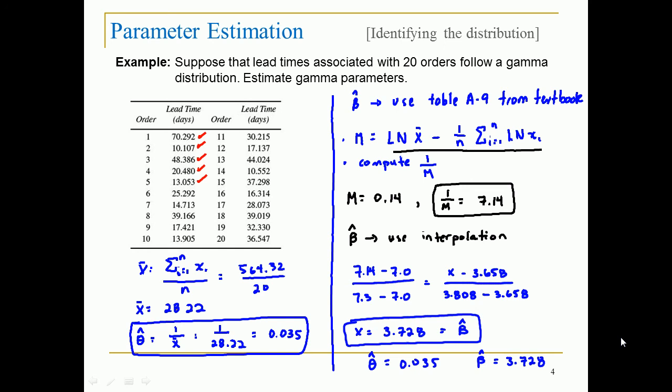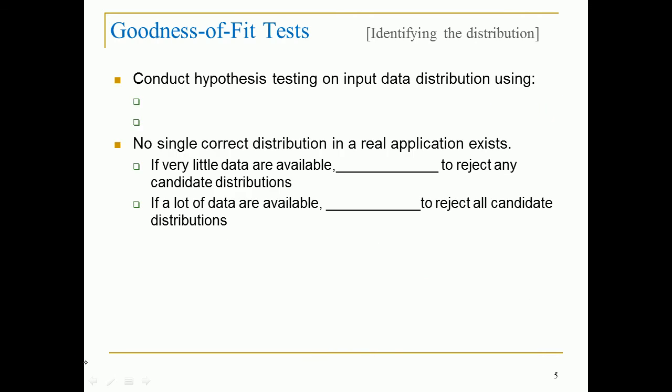So that covers the third step in our input modeling procedure. Now we're going to move to the fourth step, which is the last one. In the fourth step, what we're going to do is a goodness of fit test to basically test our hypotheses in terms of identifying the distribution. Okay?